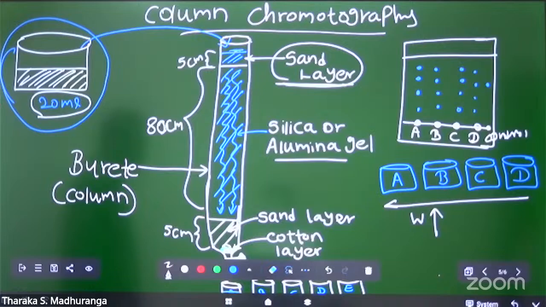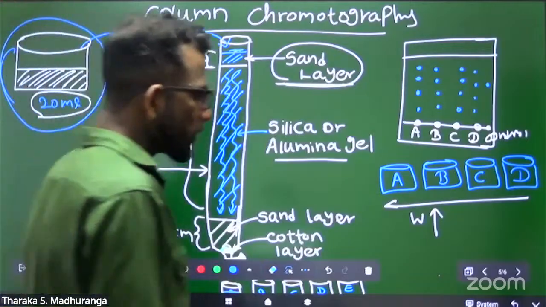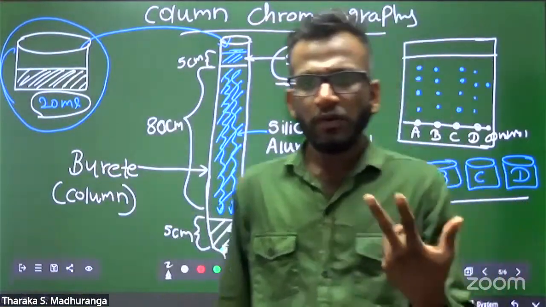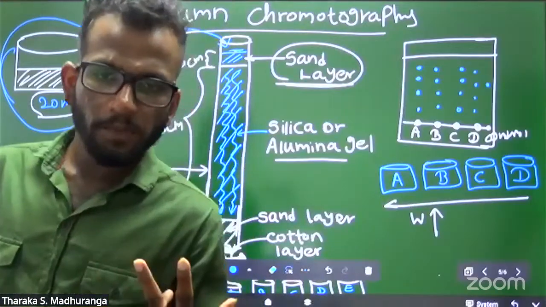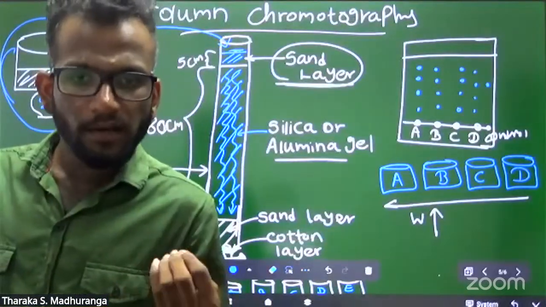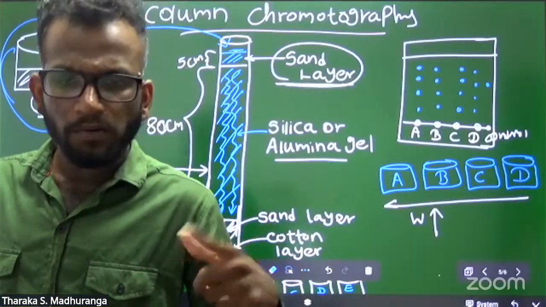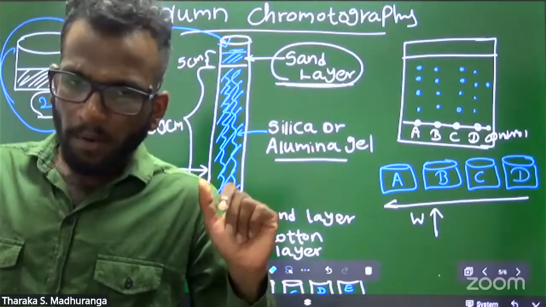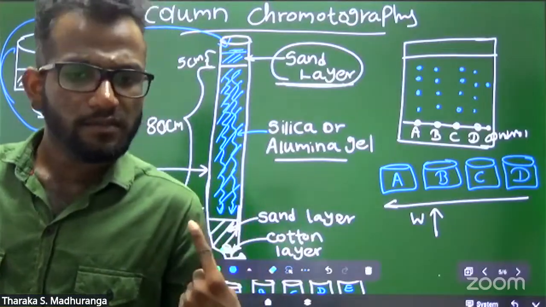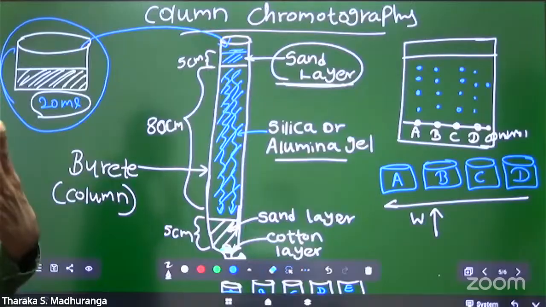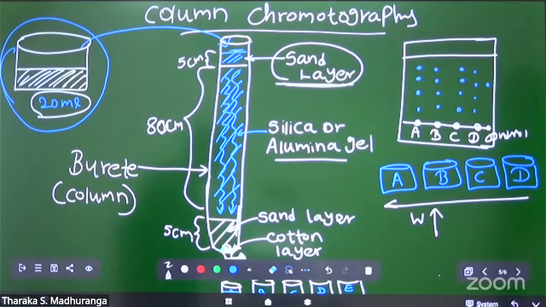No, Adish, to drain the compound slowly. Yeah, that's also correct. Two answers now: to prevent splitting and spreading of the solvent around. Yeah, that's also correct, to drain the compound slowly. But there is another main reason. They are not the main reasons. Others, try to give the main reason why we add this 5 centimeter sand layer at the top of the column.